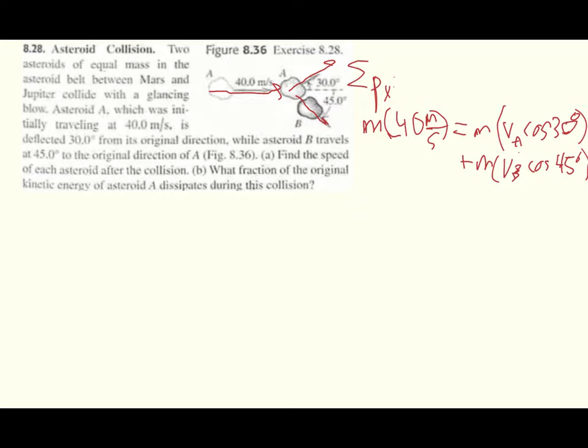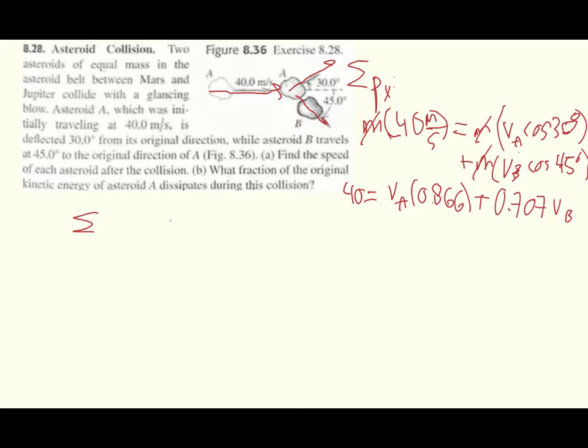So I have 40 equals 0.866 VA plus 0.707 VB. That's my x momentum.